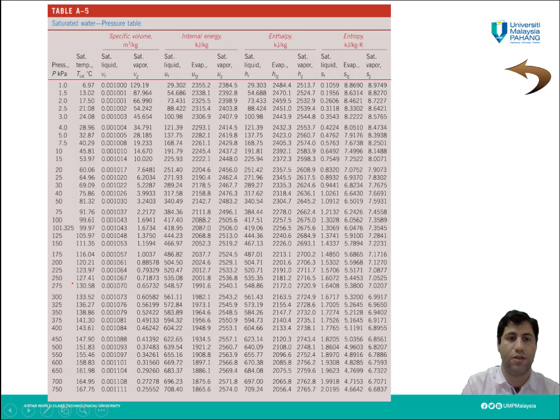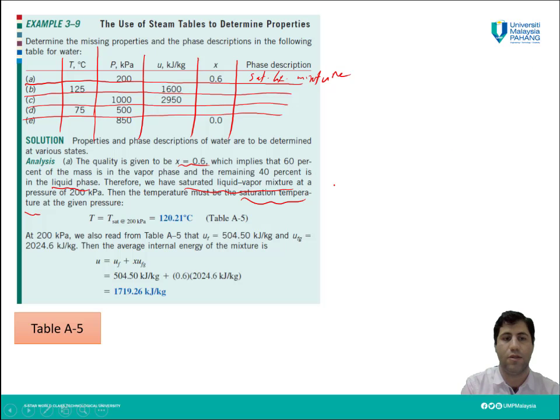Pressure is 200 kilopascal. Here is 200 kilopascal. So saturation temperature is 120.21 degrees, what we have here as well. So we found the saturation temperature. We should write here 120.21 degrees Celsius. What about U?